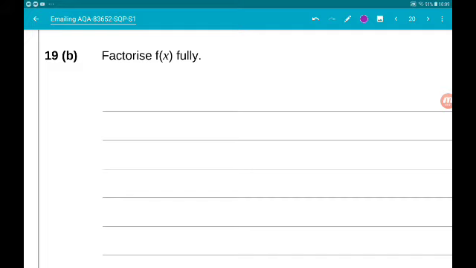Part B wants us to factorise f of x fully. So, at the moment, we know that f of x is 3x plus 1 times something. Now, it's a cubic polynomial, so it's going to have 3 linear factors, or at least it should do, because this is GCSE. It might be cubics can just have 1 linear factor and a quadratic factor.